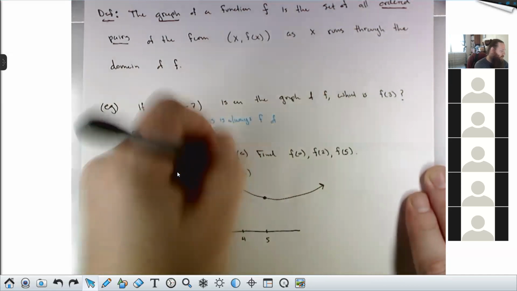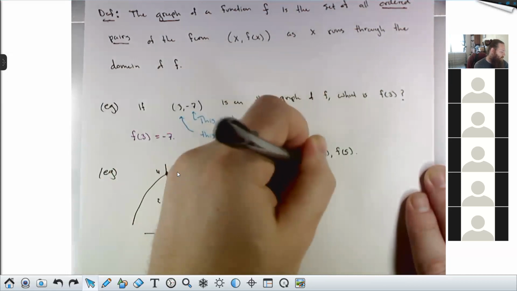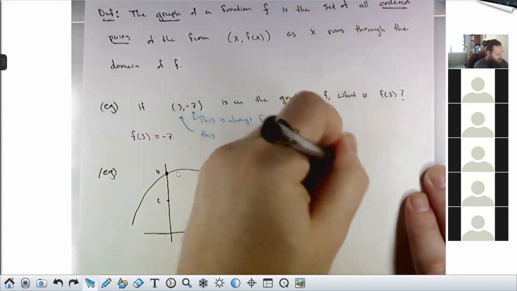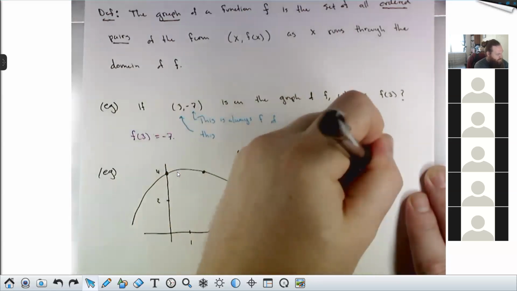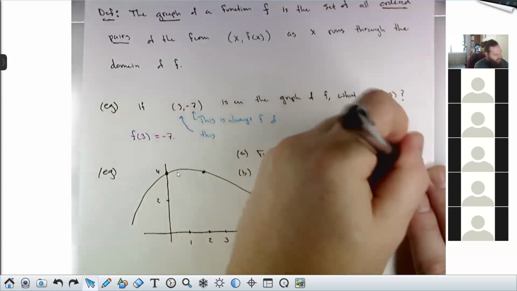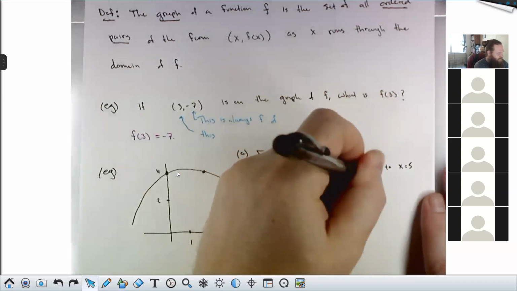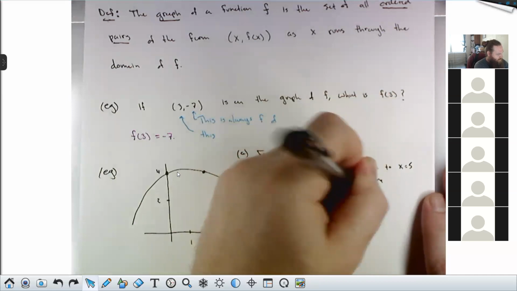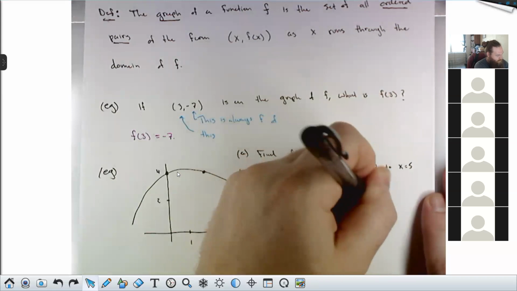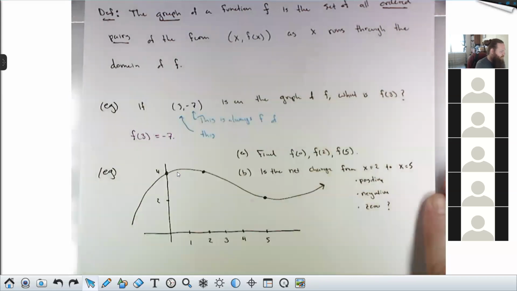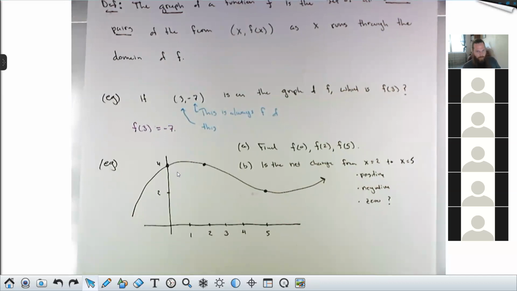And let's ask, is the net change from x equals 2 to x equals 5 positive, negative, or 0? All right, so a simple little graph with two little questions.